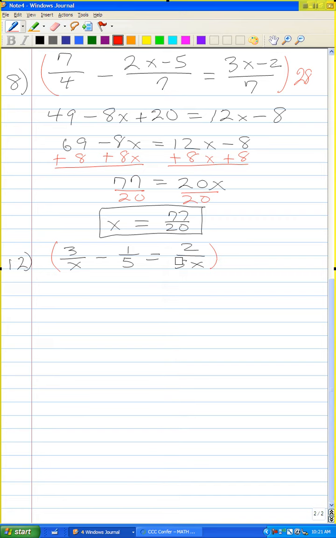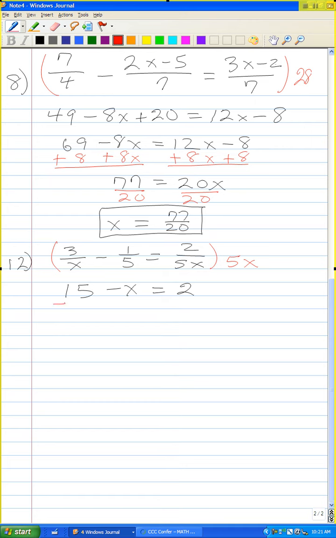Well, x, 5, 5x, the least common denominator is 5x. And so 5x divided by x is 5 times 3 is 15. 5x divided by 5 is x times negative 1 is negative x. 5x's cancel, so you get equals 2.